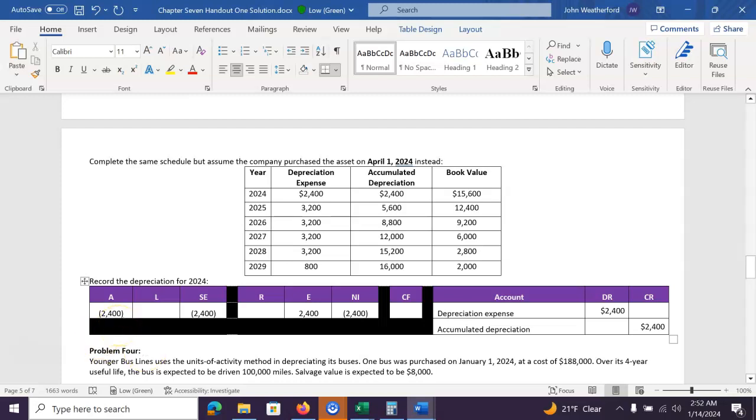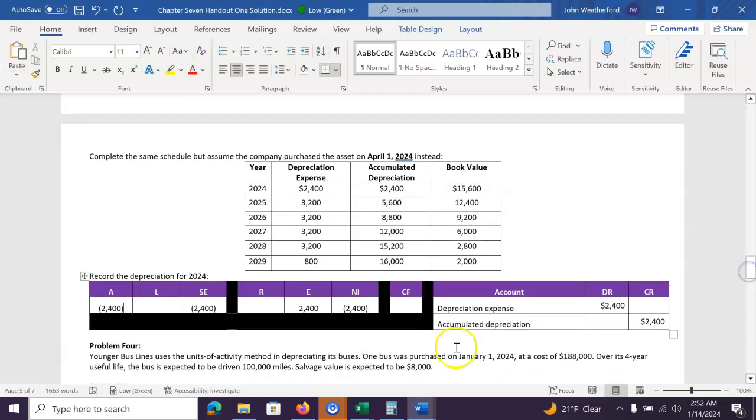So here, where before with straight line we were calculating an annual depreciation expense, the first thing we're going to do is calculate a depreciation expense rate. Now, it'll be our depreciable cost divided by the activity base. In this case, that would be 188,000 cost minus an 8,000 residual value.